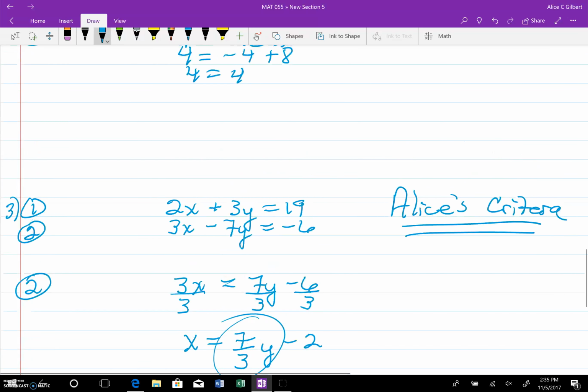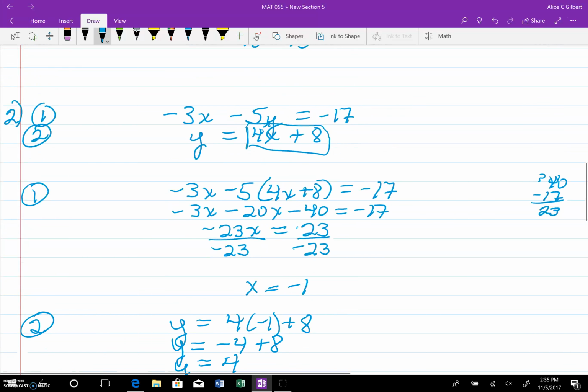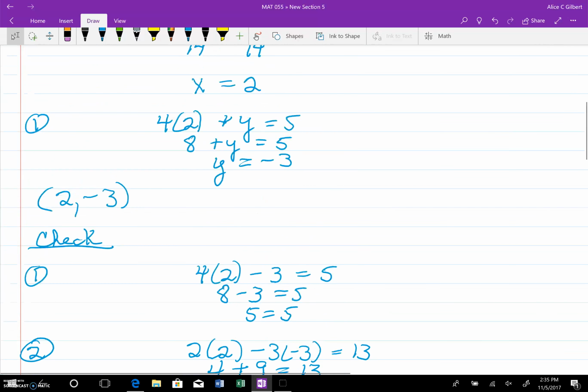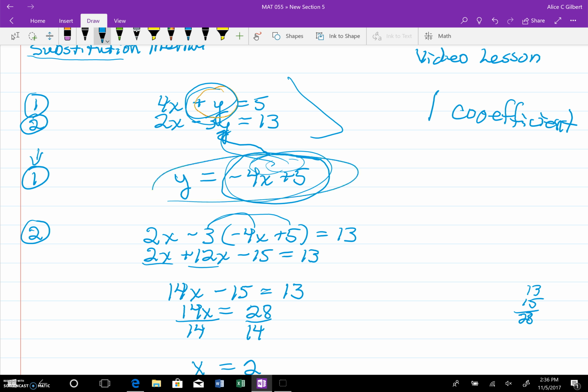And my criteria is that at least one, so let's look up here, at least one of your variables has to have a 1 coefficient. That way, when we solve for it, we don't end up with fractions.